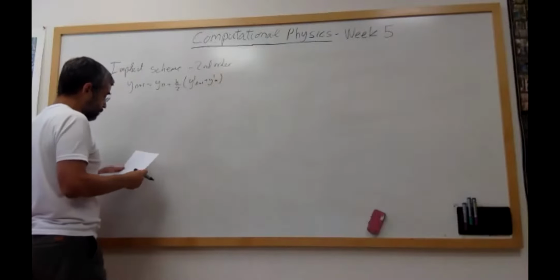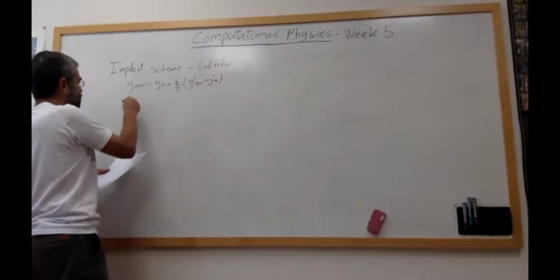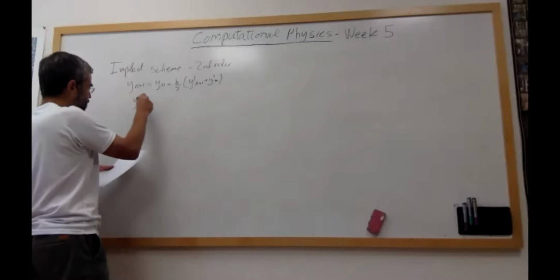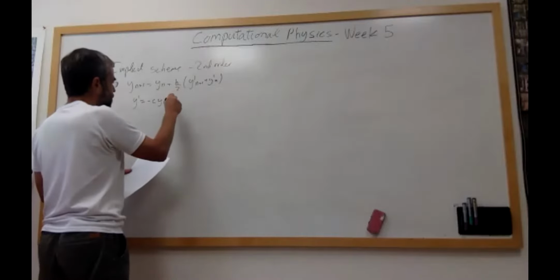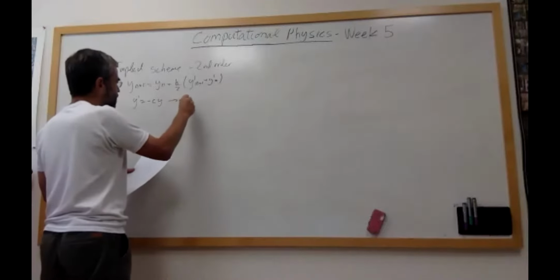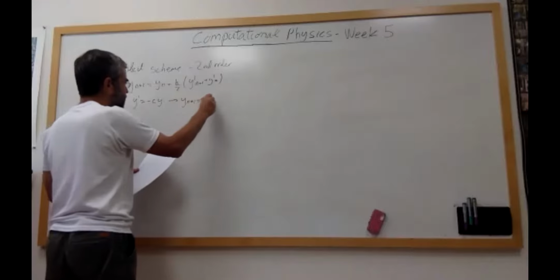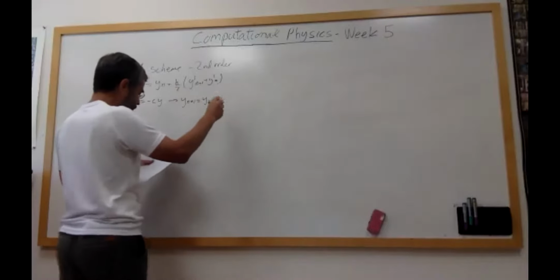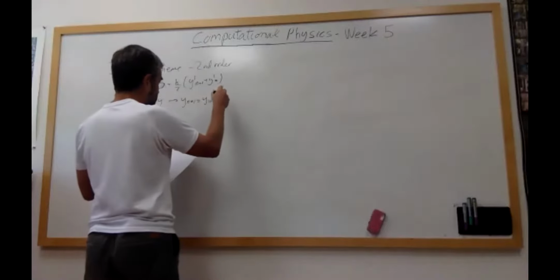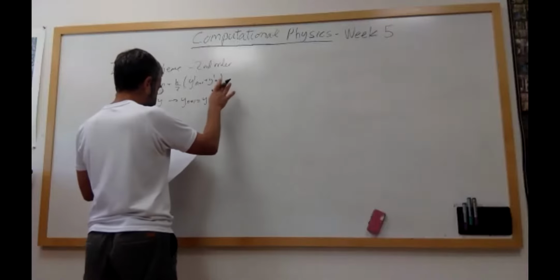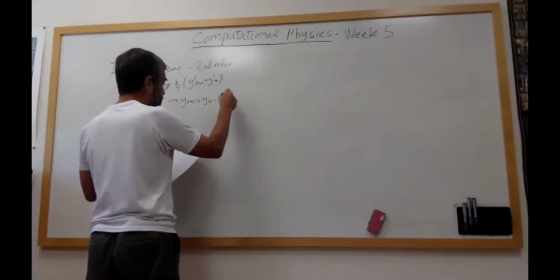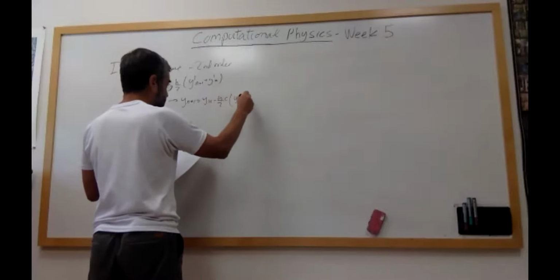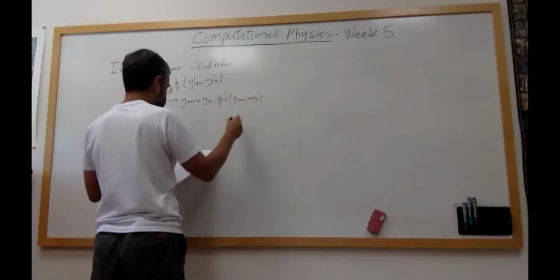And so for the specific case of y' = -cy, we get that y_{n+1} is y_n plus h over 2, actually minus hc over 2, times (y_{n+1} plus y_n).